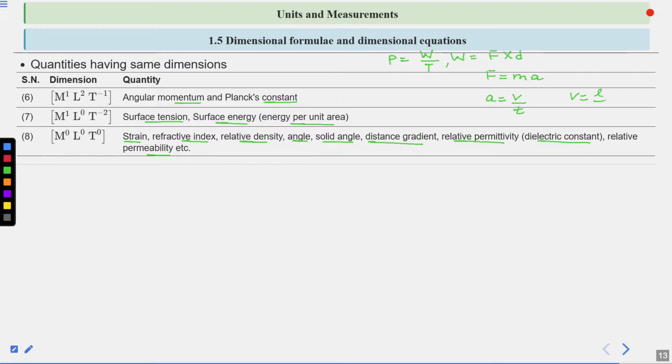Length upon time. So first of all, calculate the dimensional formula of velocity, then of acceleration, then of force, then of work, then of power. So this is the procedure. Clear?